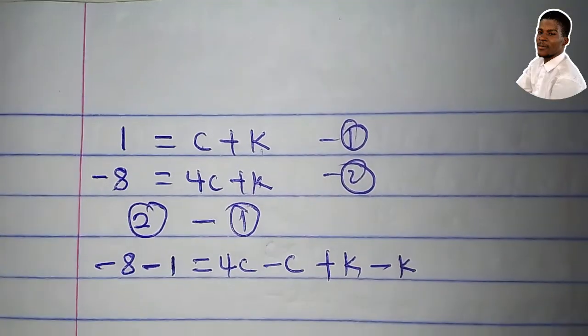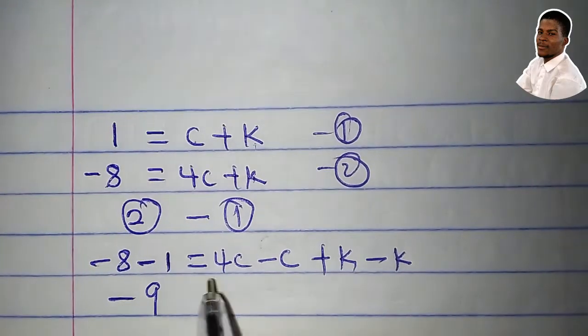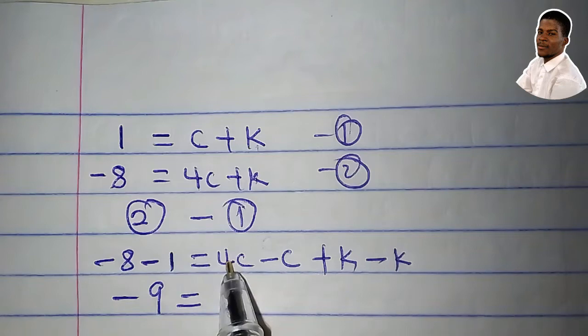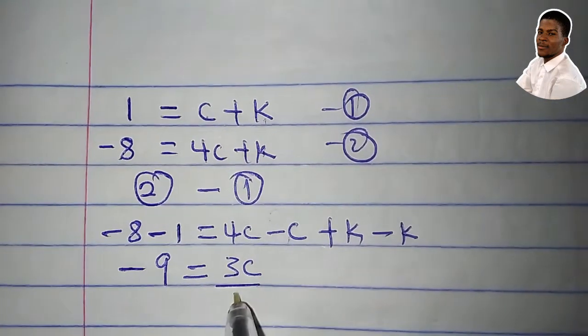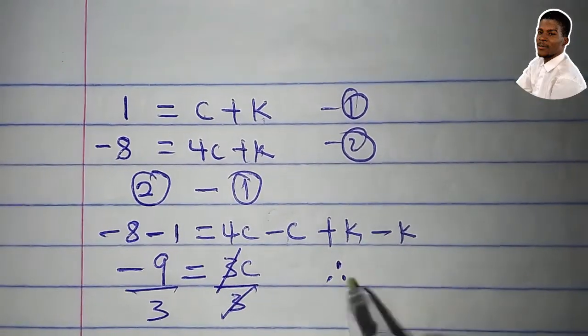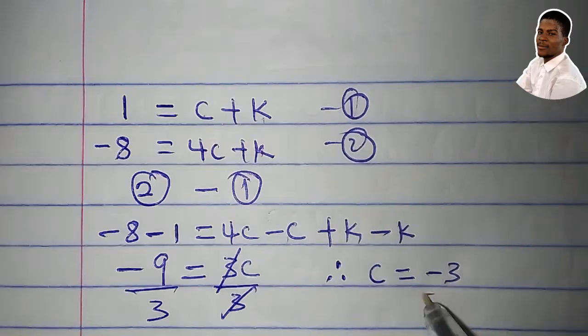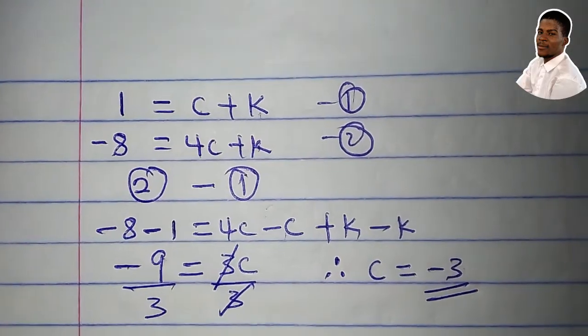K minus k is 0. Minus 8 minus 1 is minus 9, which is equal to 4c minus c, which is 3c. If I divide both sides by 3, c will be equal to minus 3. Alright? Minus 9 divided by 3 is minus 3.